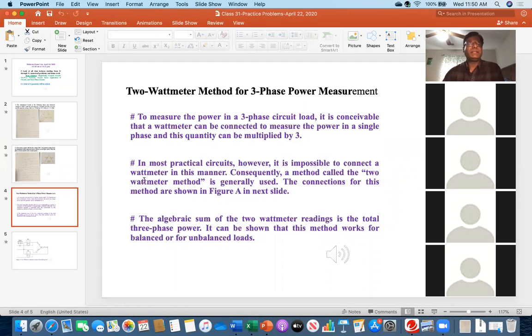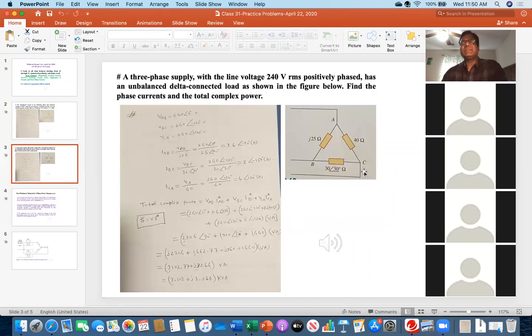Look at the previous diagram example, whether unbalanced or balanced. Say you are asked to measure the three-phase power for this circuit, and you have 1 wattmeter. You know a wattmeter is for measuring power.